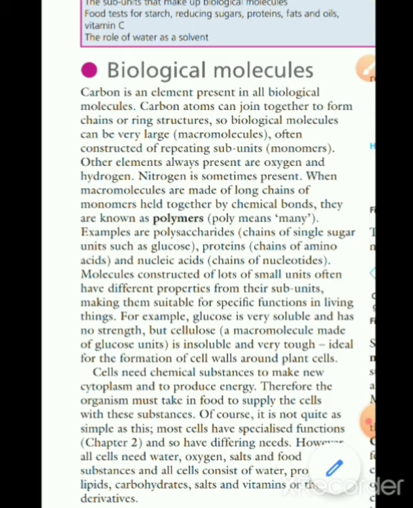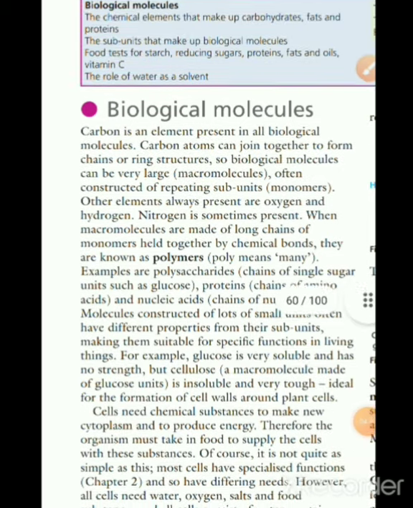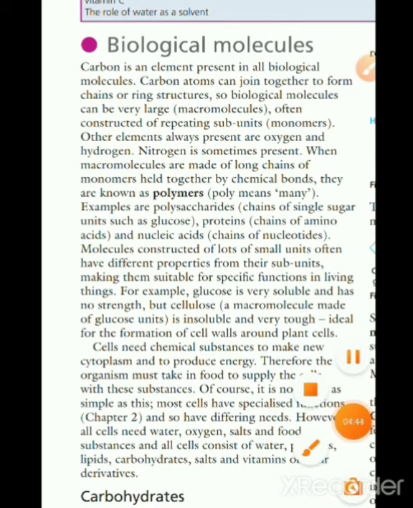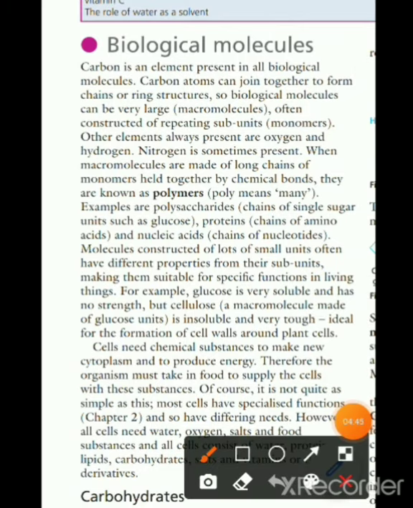It is ideal for the formation of cell walls of plant cells. Now, how is it possible? The monomer, the basic molecule that produces the big chain, is smaller in size. It is very soluble and has no strength. It means it's a weaker guy.